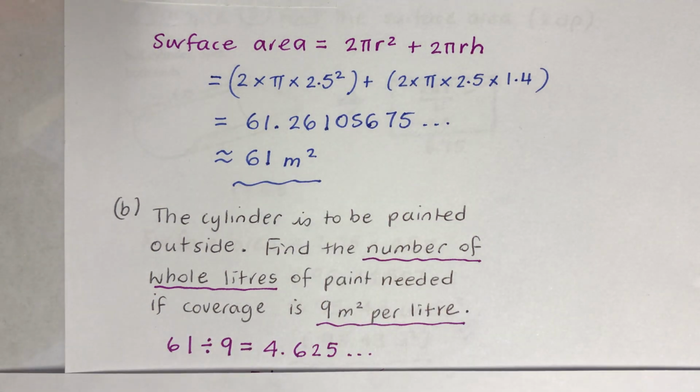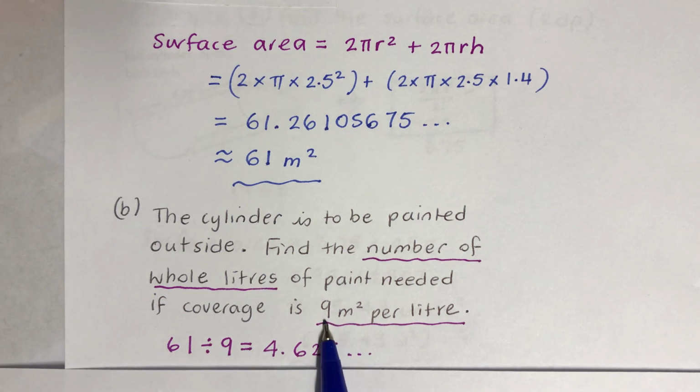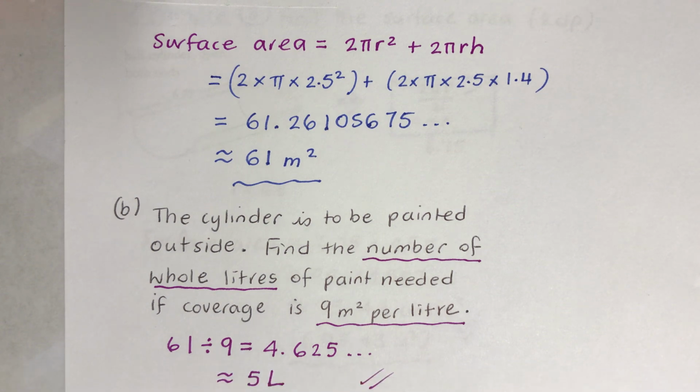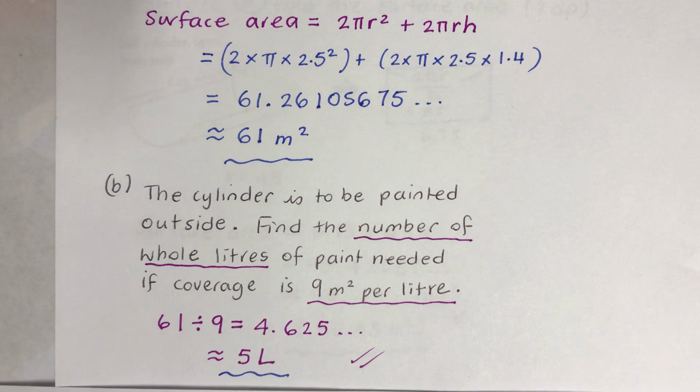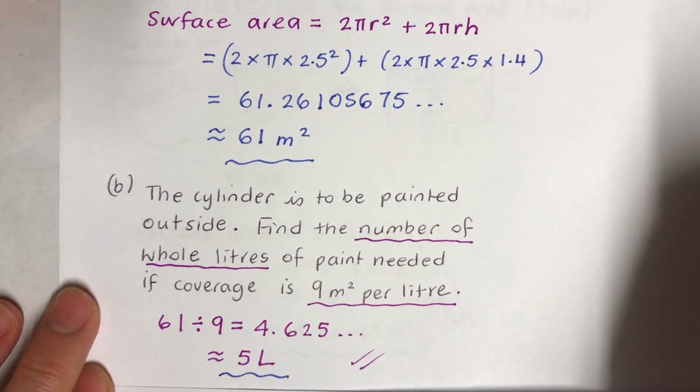So you just have to think about how many 9s can go into 61, which is just 61 divided by 9, 6.78. You can't really buy that exact amount, so it's better off just buying 7 liters, even if you have a leftover and you can use it later. Okay, so the answer is 7 liters.